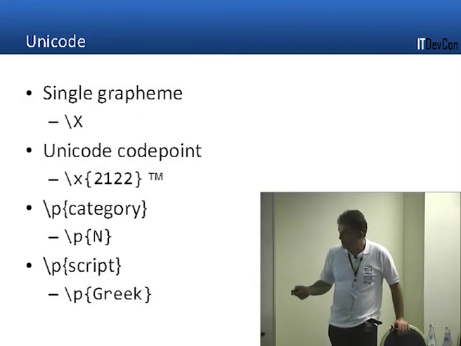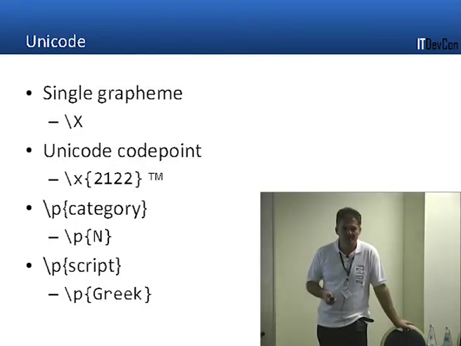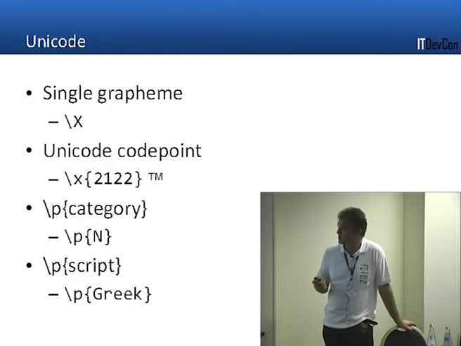And I can also say, please match only the stuff that's written in Greek or the stuff that is written in Hebrew, and so on. You have lots and lots of options. But as is usual with Unicode, it's hard to work with, however you approach it, so it gets complicated, with or without regular expressions.